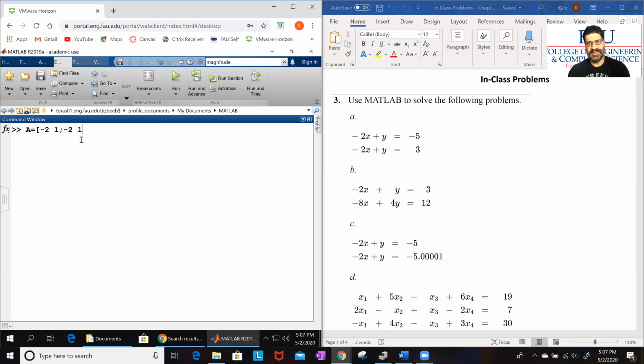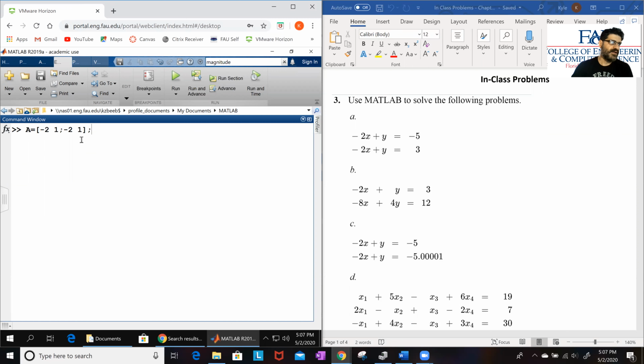Now, just looking at this, before we even solve it, we know that this one is going to have no solution. The reason why is that each is like an equation of a line, and the slope is -2. So these two lines are parallel to each other, so they will never intersect. You never have a unique solution.